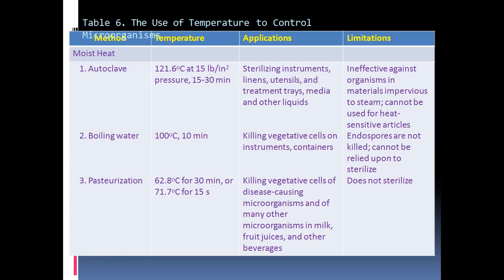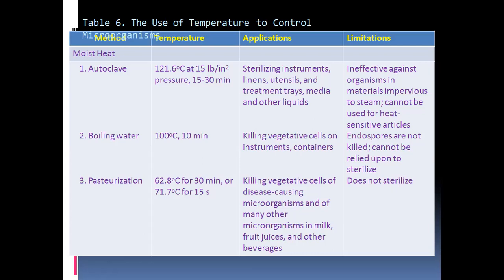In pasteurization, it kills the vegetative cells of disease-causing microorganisms. So vegetative cells are also destroyed by this mechanism. And it also destroys the vegetative cells of microorganisms in milk, in fruit juices, and other beverages.